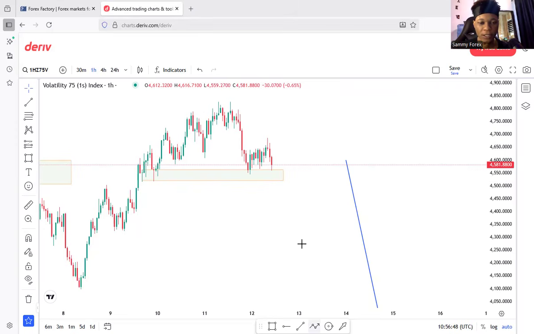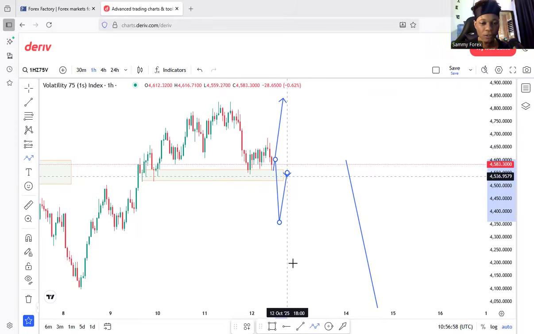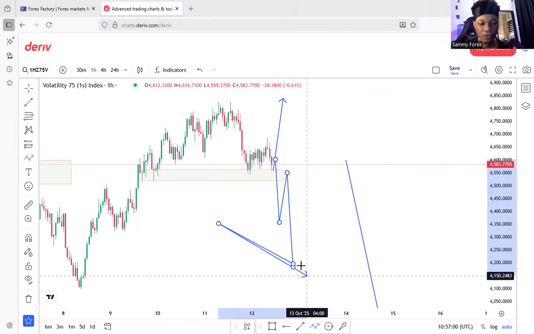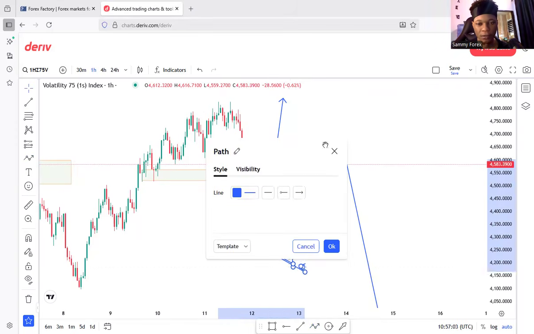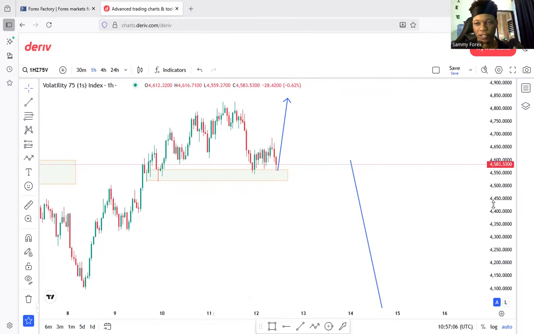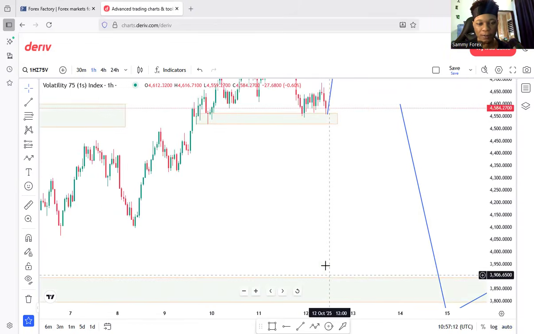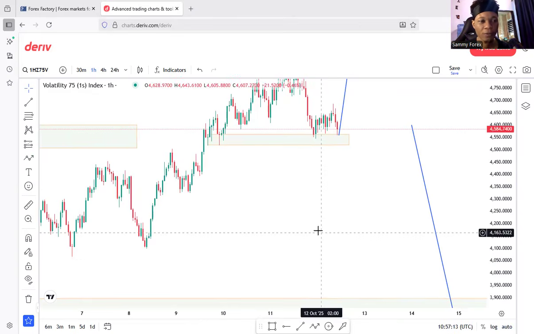If price does this, you know that this is an equal low continuation. But if price didn't do that and eventually takes out this low, you know that this is a continuation to the downside. You can sell all the way to this particular low. Massive profits will be made here on the 75 (1s) index.